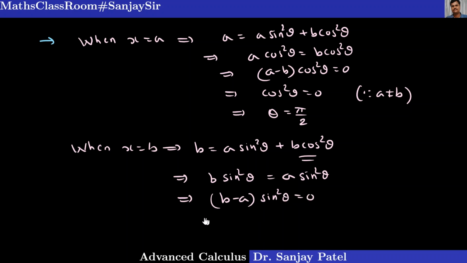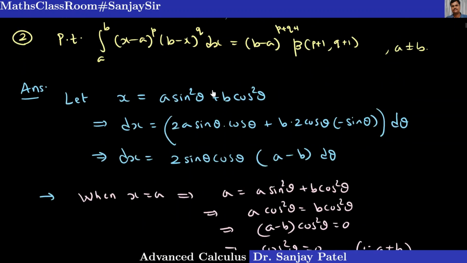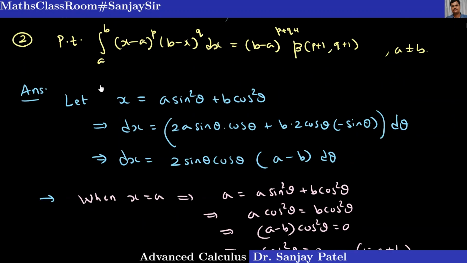Again, as a is not equal to b, b minus a is not 0, and therefore sin square theta must be 0, which gives us theta is equal to 0. So what I have proved here is when x equals a, theta is pi by 2, and when x equals b, theta is 0.